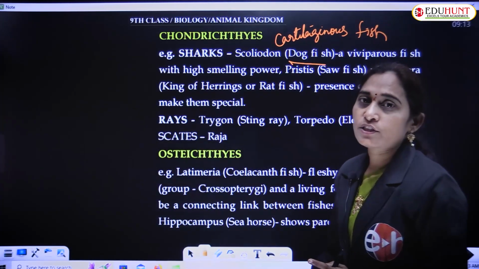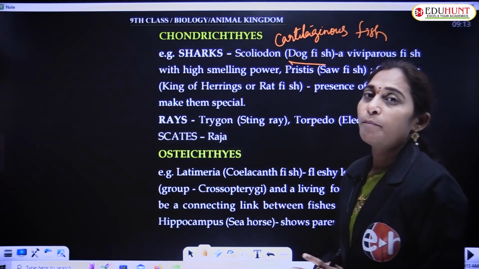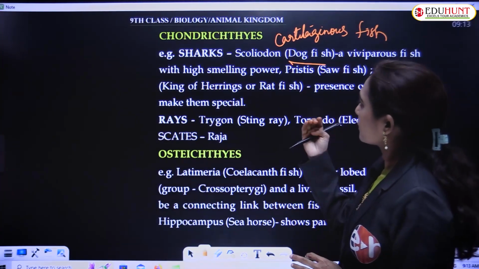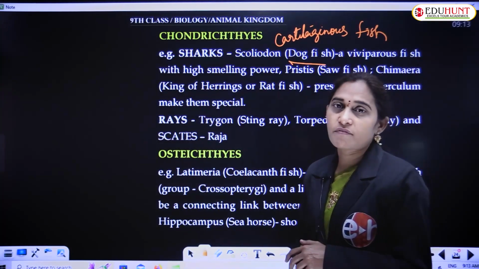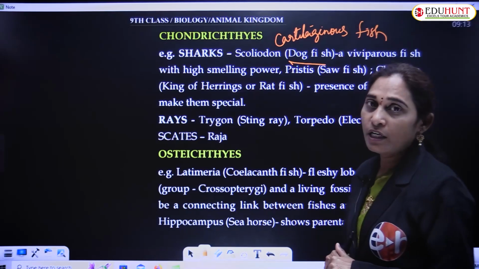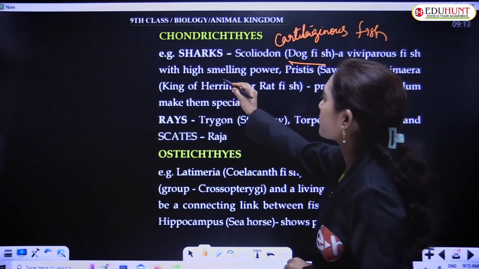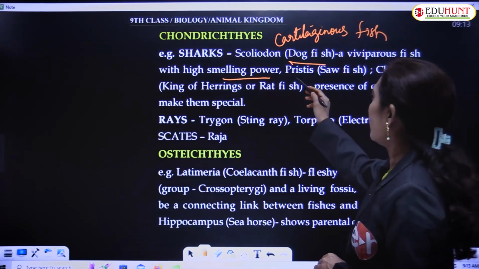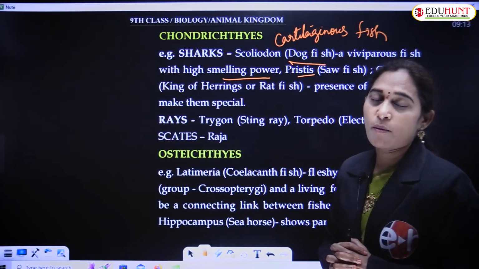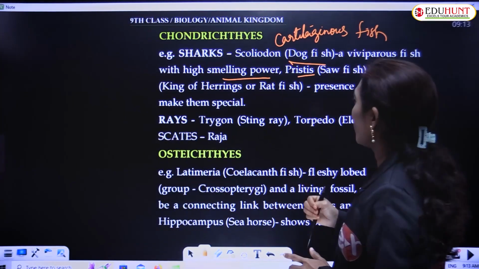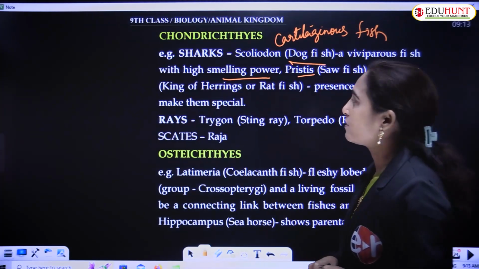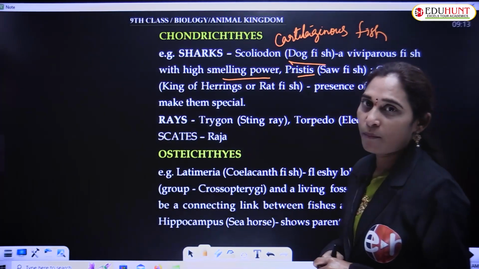Actually, fish lay eggs, but sharks, Scoliodon, are viviparous. It gives birth to young ones, and it has a high smelling power. And Pristis is commonly called sawfish. And Chimaera is commonly called king of herrings or ratfish.